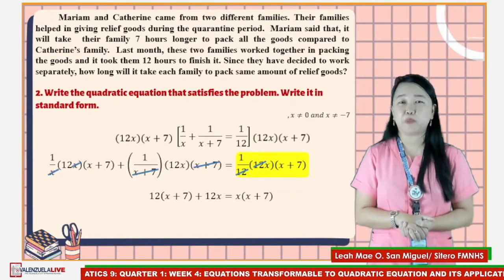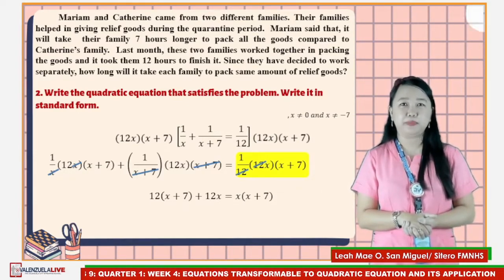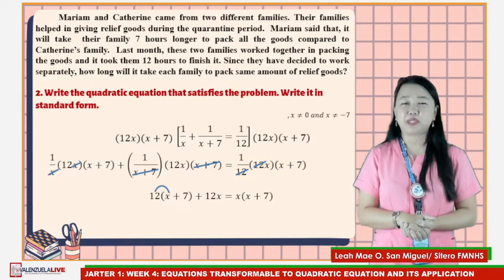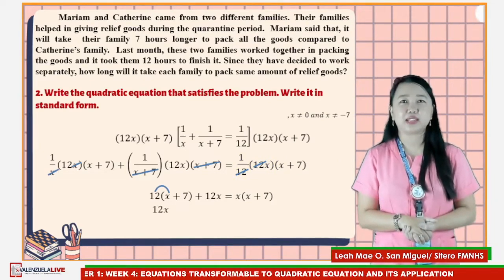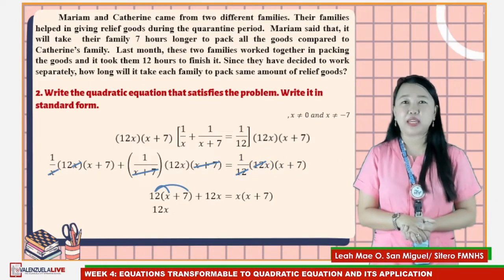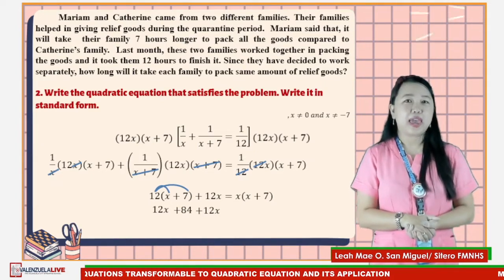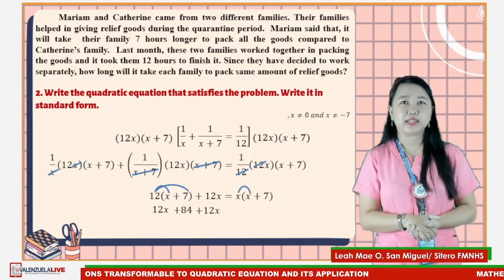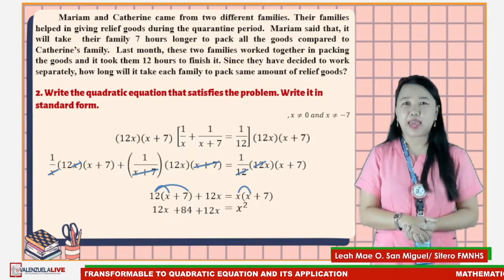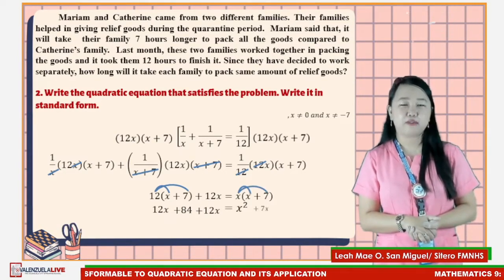Applying distributive property of multiplication, 12 times x is 12x. 12 times 7 is 84. Write 12x. x times x is x squared. And x times 7 is 7x.